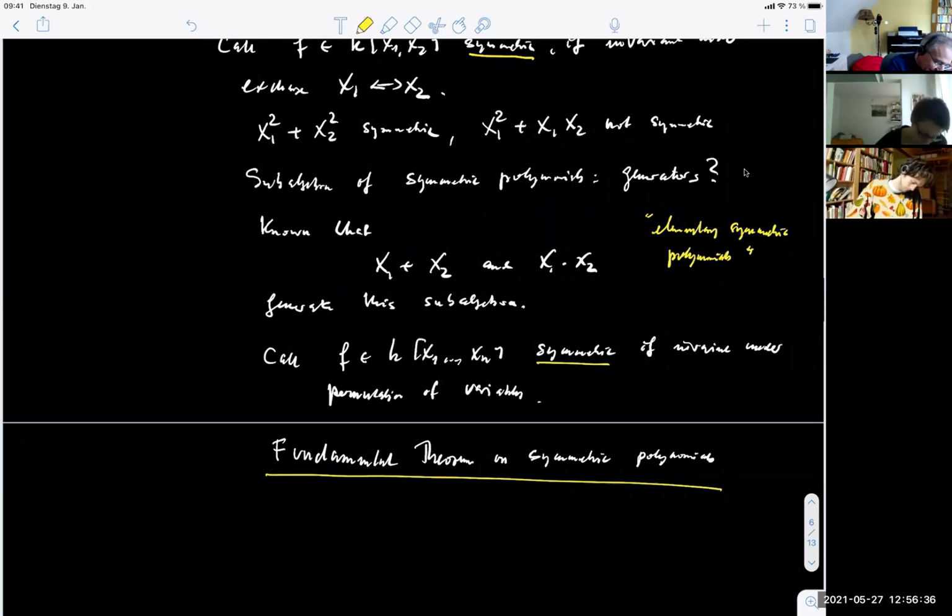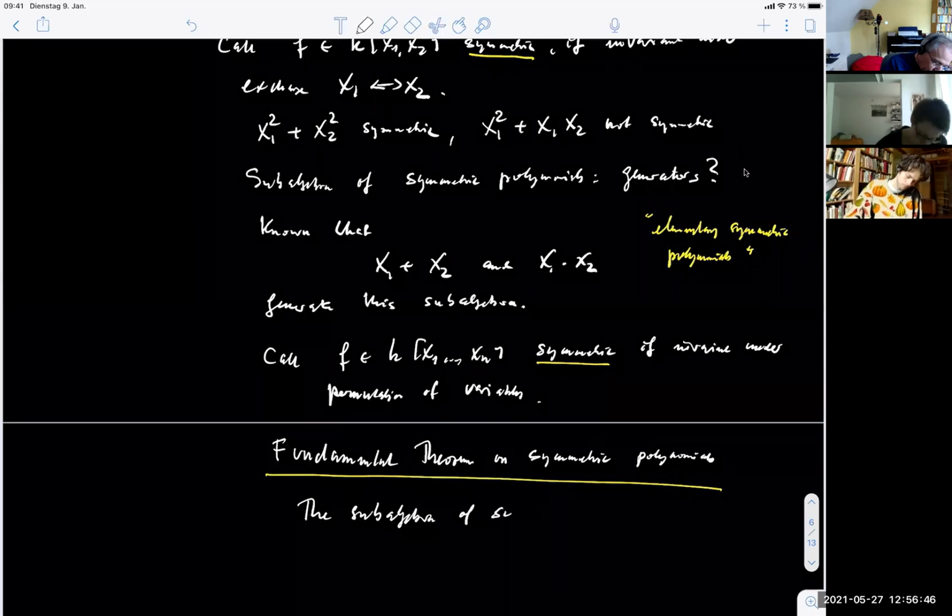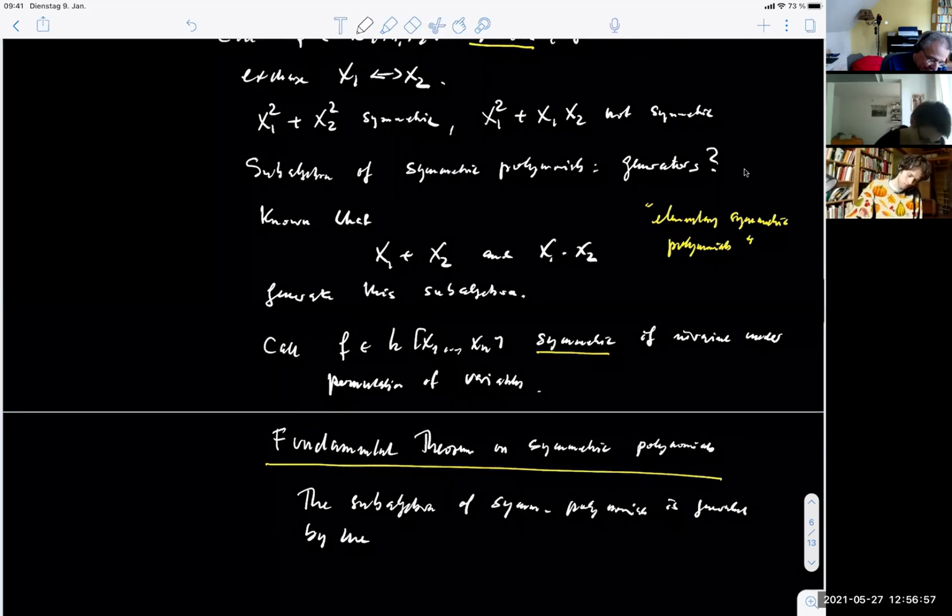Okay, the subalgebra of symmetric polynomials is generated by the elementary symmetric polynomials.